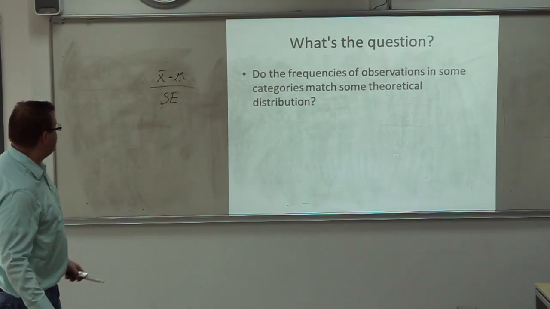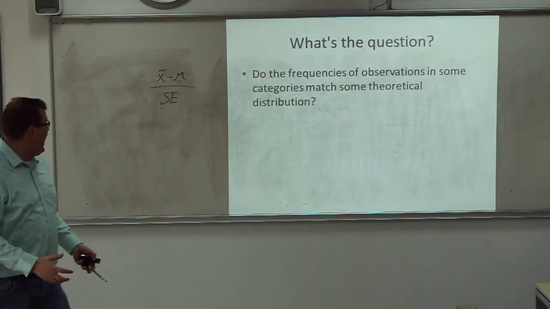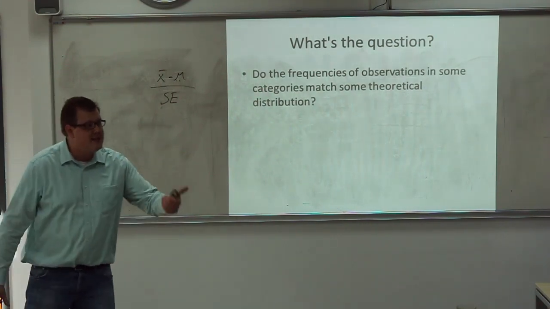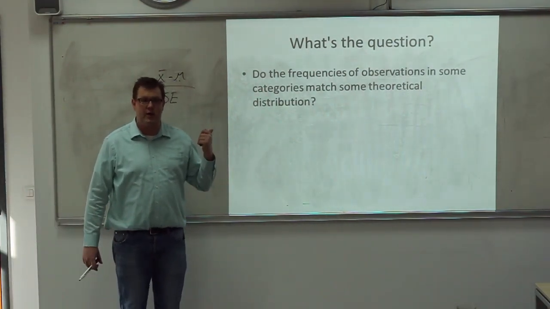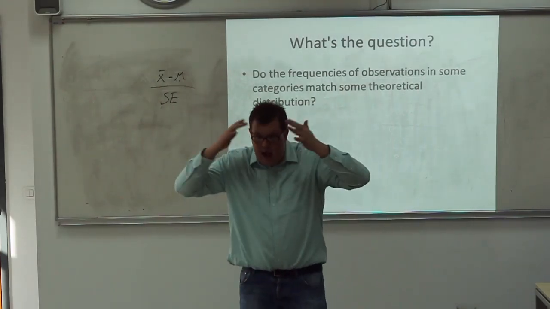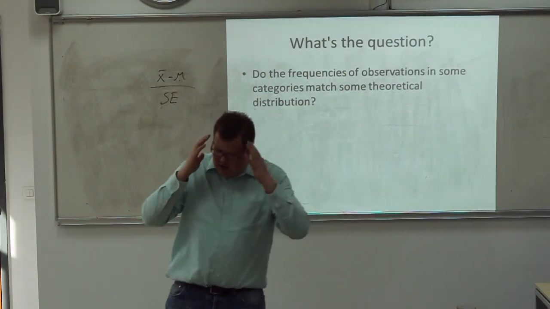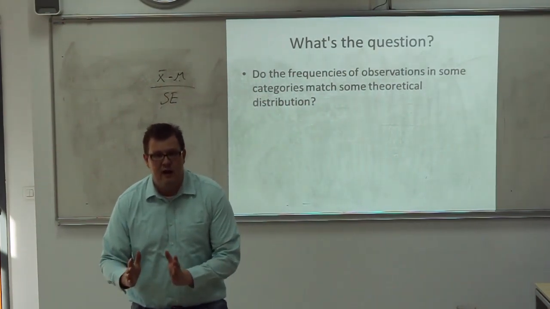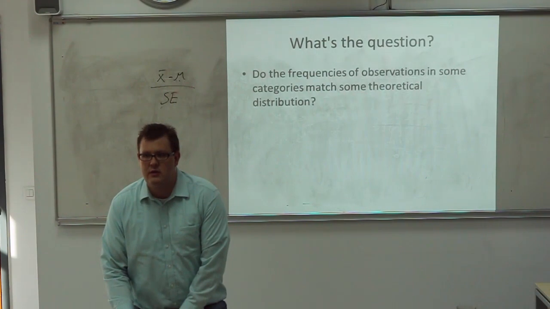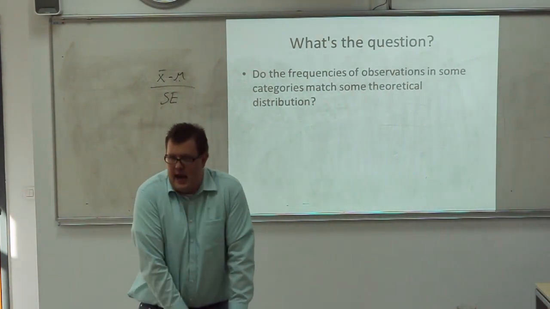So let's think about the questions that we can ask in relationship to frequencies. We can say things like, do the frequencies of observations in some categories match some theoretical distribution? This is exactly what we were doing with the binomial. We have this hypothetical distribution, this fair coin, and in the fair coin, half of our observations should be heads, and half of them should be tails.